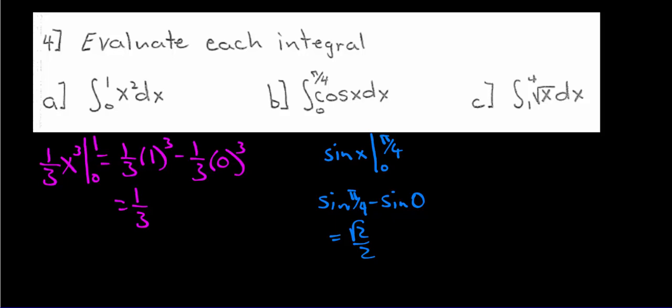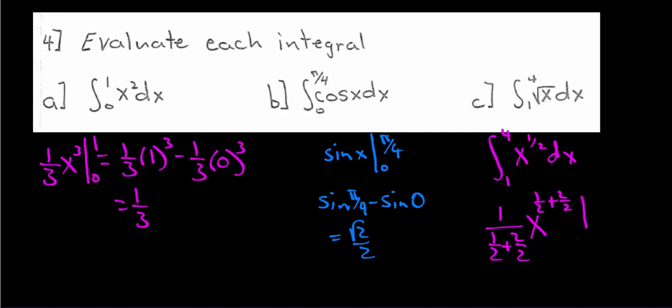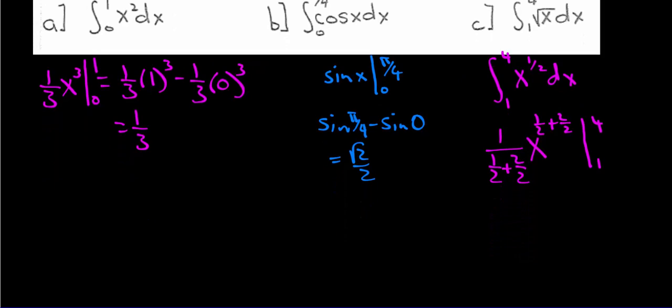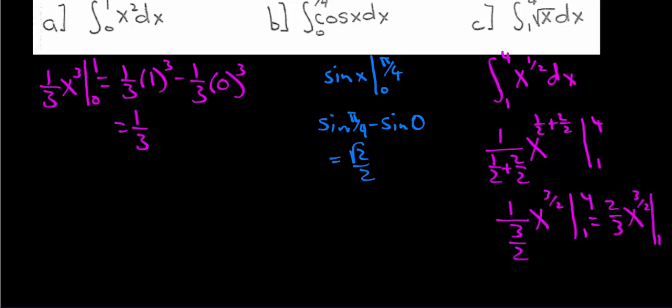Now this one, we've got the integral from 1 to 4 of x to the 1/2. We get the antiderivative, just using the power rule for integration. And this is going to be 1 over 3/2 x to the 3/2 from 1 to 4, which is going to be 2/3 x to the 3/2 from 1 to 4.